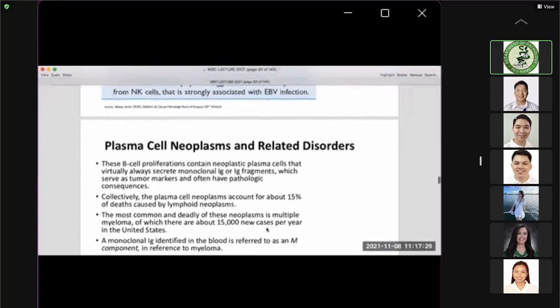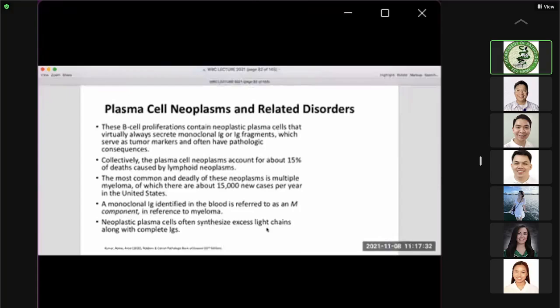Okay. Then we have the plasma cell neoplasms and related disorders. This B cell proliferation, they contain neoplastic plasma cells that always secrete monoclonal Ig or Ig fragments. You have studied this in CD already, no? Serves as tumor markers and often have pathologic consequences.